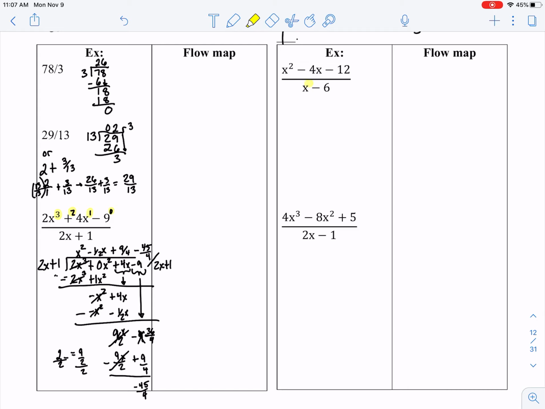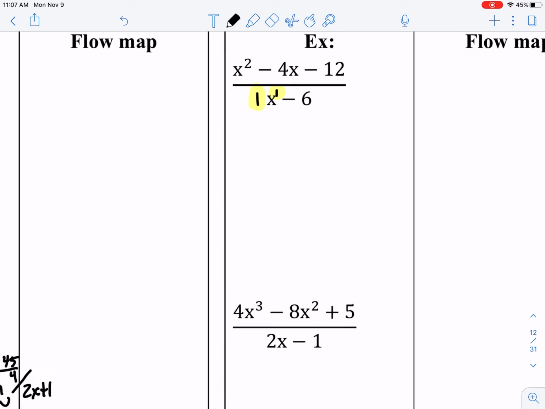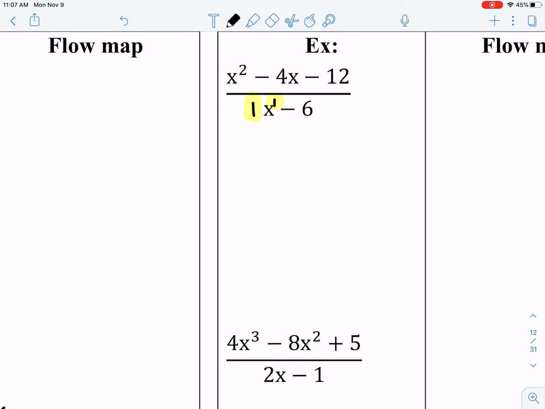So if I look here, my degree is a 1. Then out here at the front, my leading coefficient is also a 1. So therefore I can do this one. Now, it's going to look a little goofy, but it's actually easier, in my opinion, than long division.